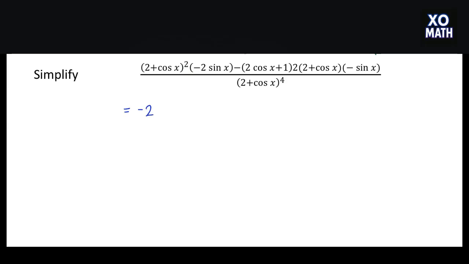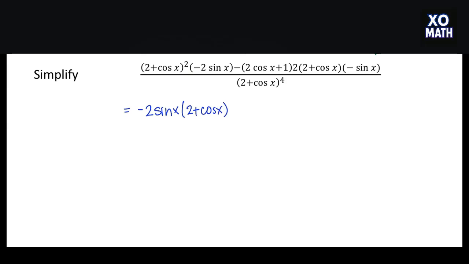And then from the first term, I have a sine x factor, and from the second term, I have a sine x factor. Let's take that out. From the first term, I have a 2 plus cosine x all squared. And in the second term, I have a 2 plus cosine x to the first. So I can take out the smaller of the two, the quantity 2 plus cosine x to the first.